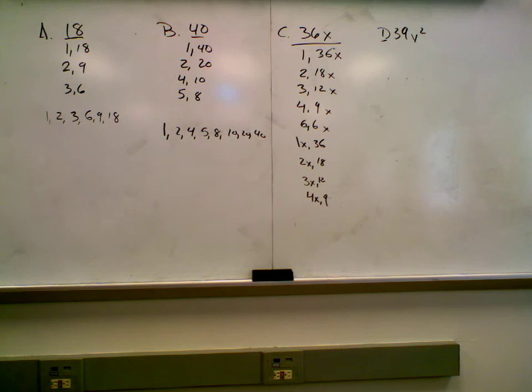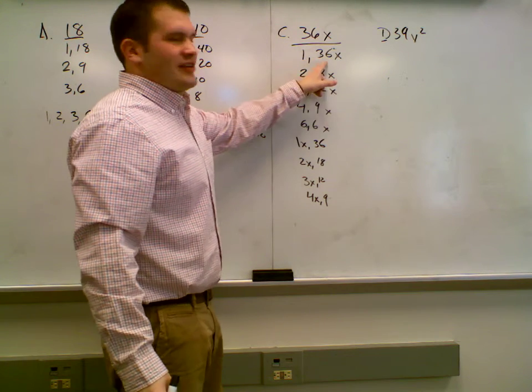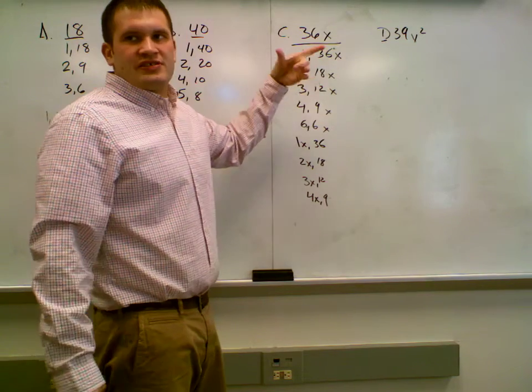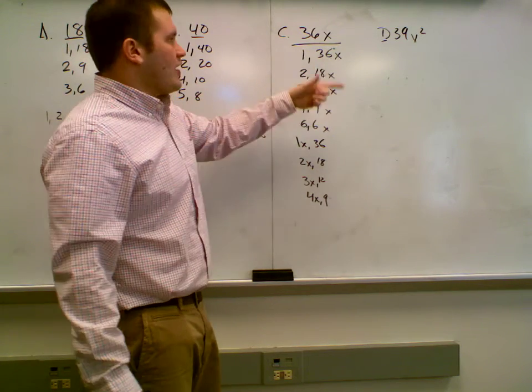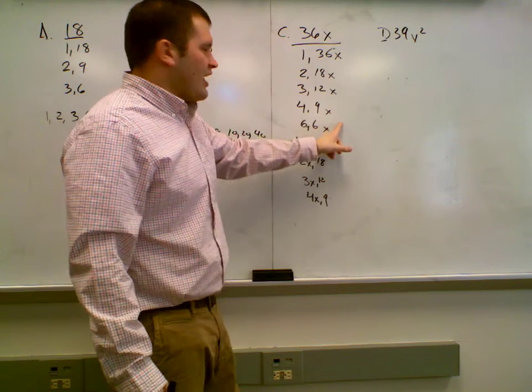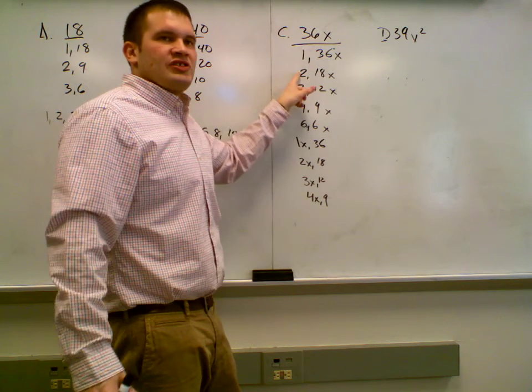The reason why is 1 and 36x. Multiply those together, you get 36x. 2 and 18x, same thing, you get 36x. 3 and 12x, you get 36x, right? But just these numbers and x aren't my only factors. These numbers can also have an x.